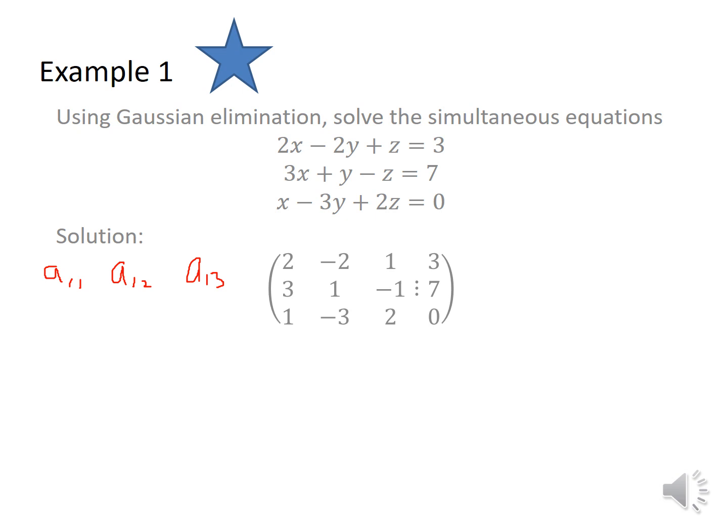And this 3 is an element of second row, first column. And 1, second row, second column. And so on: A23, A31, A32, A33.